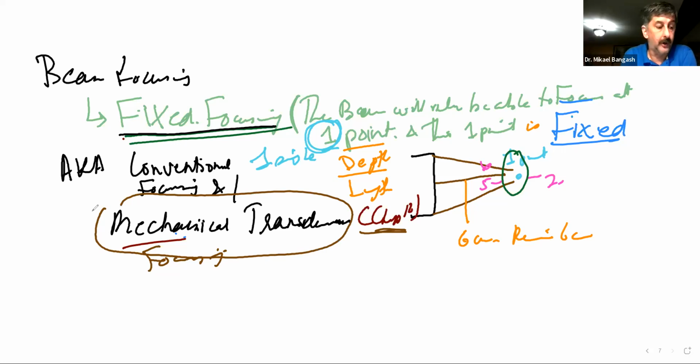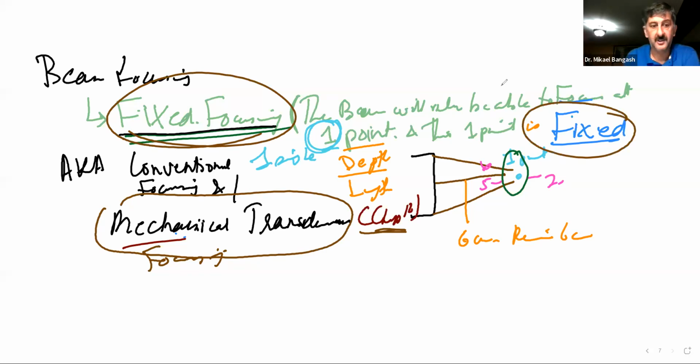So one thing that you can already see, not in the details, is that what we call a mechanical transducer only has one focal point, and that one focal point is fixed.